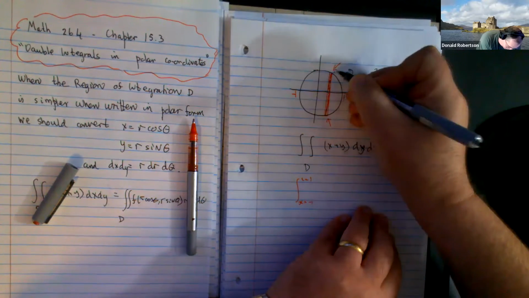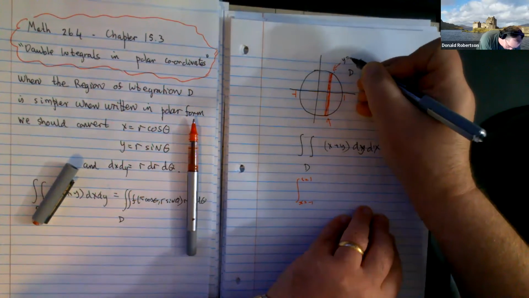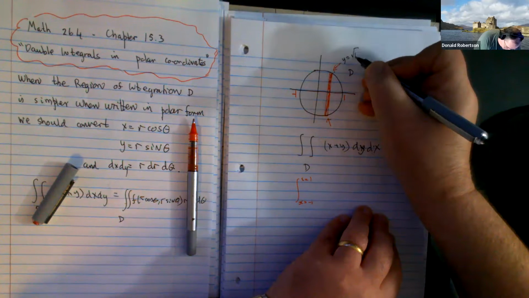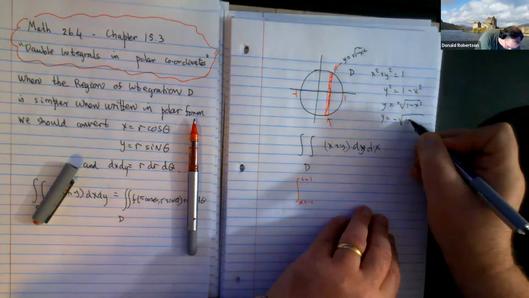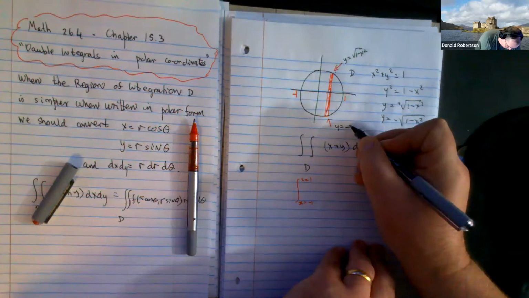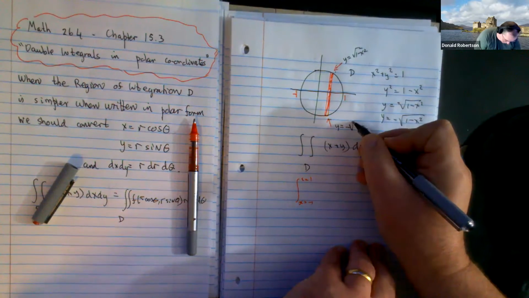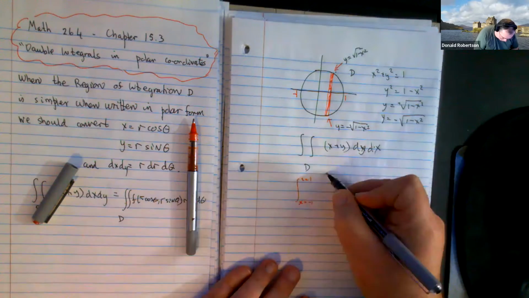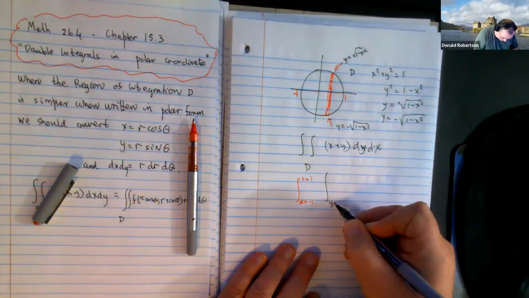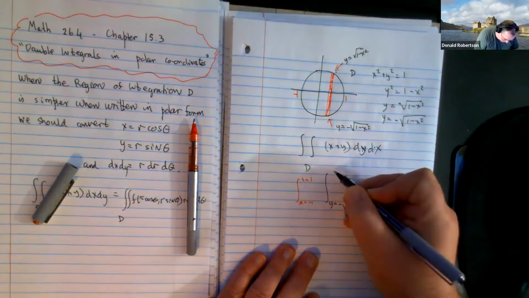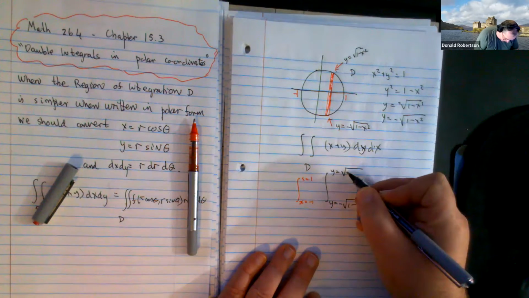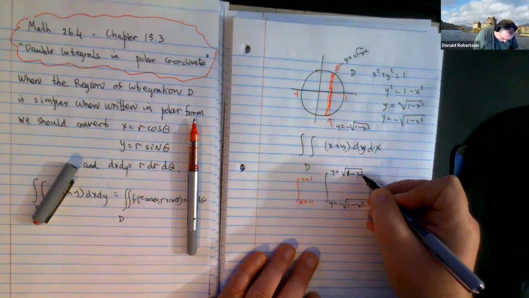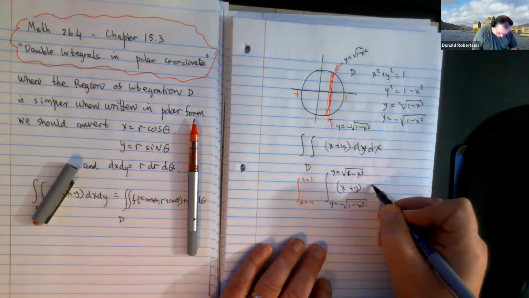That's this one. And the lower one, y equals negative the square root of 1 minus x squared. So this integral will be from y equals negative the square root of 1 minus x squared to y equals positive the square root of 1 minus x squared, and then the x plus y, and the dy, and the dx.